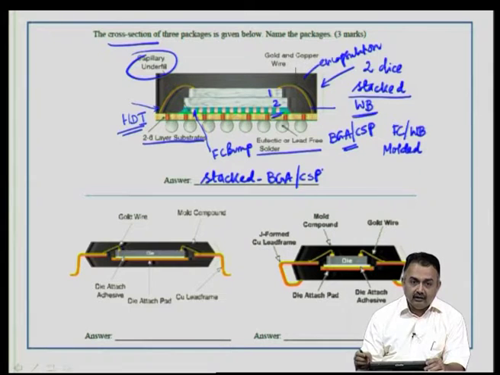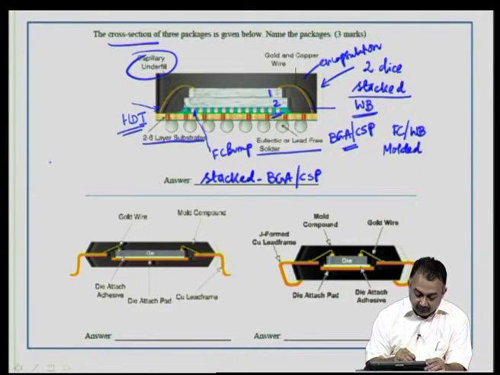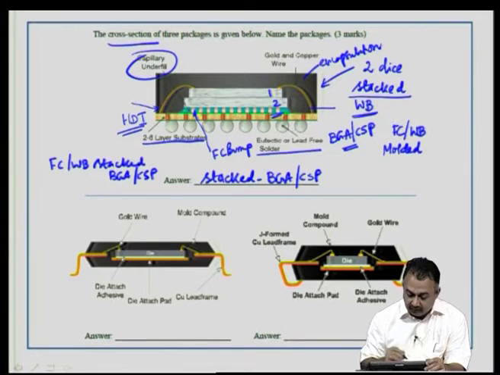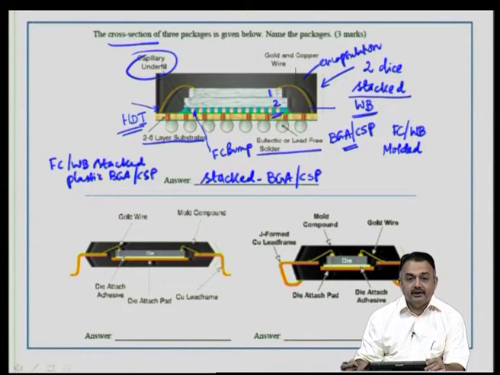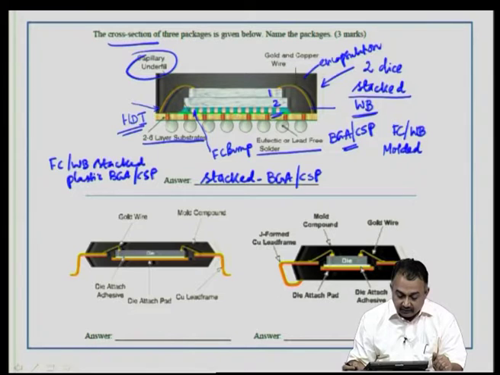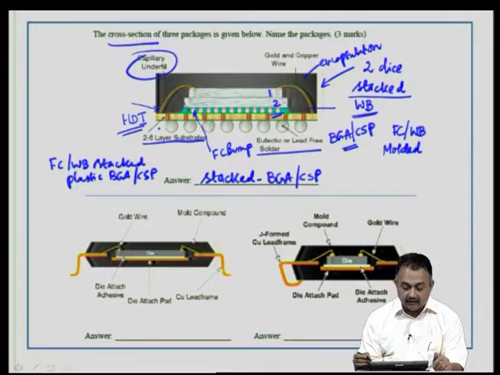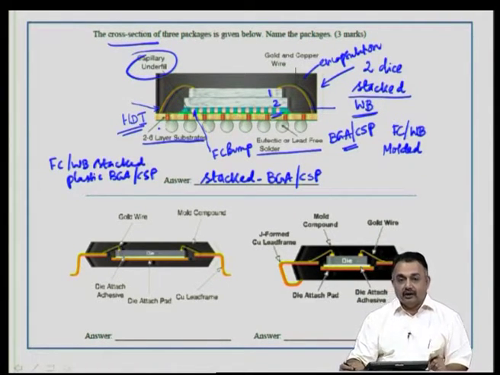You can expand the name in a different way. You can say flip chip, wire bonded, stacked, BGA/CSP, and you can also say plastic BGA, because there is an encapsulation, and if you assume this is an organic HDI substrate, then it becomes a plastic BGA. So, these are the kind of nomenclature that you can give.